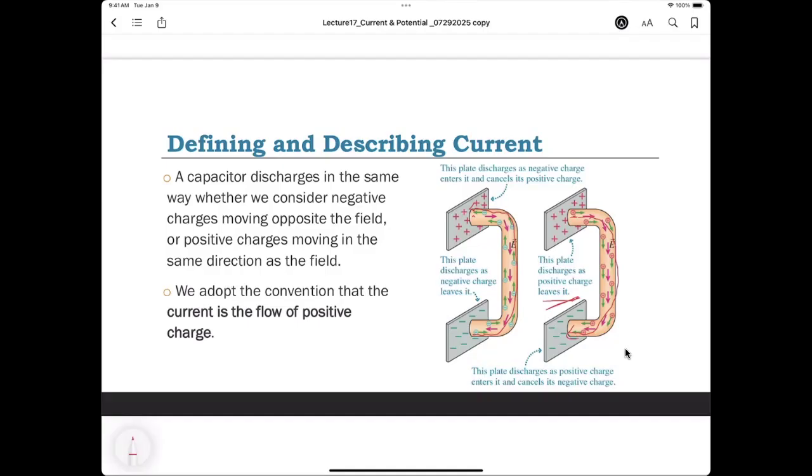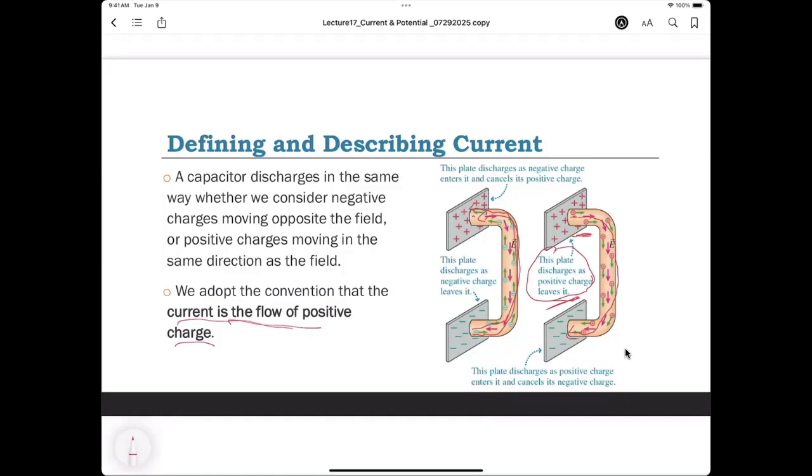In the real situation, it is the electrons that go through, but it is the same situation. This one is just easier for us to understand. So we adopt the convention that current is the flow of positive charge.